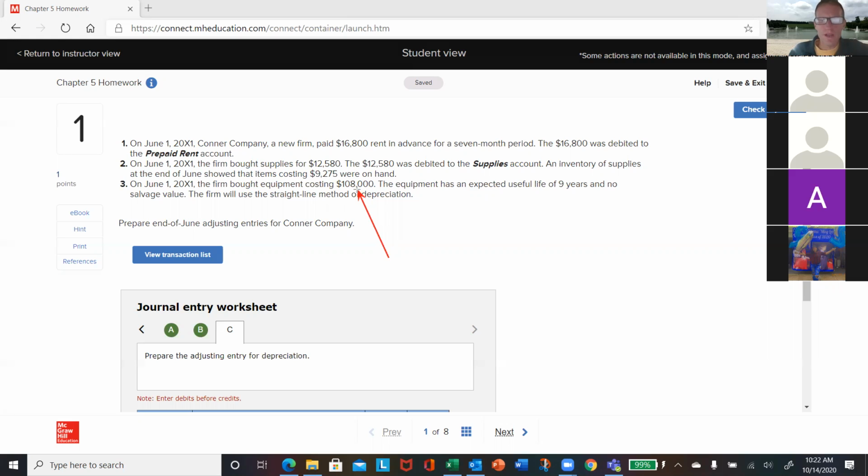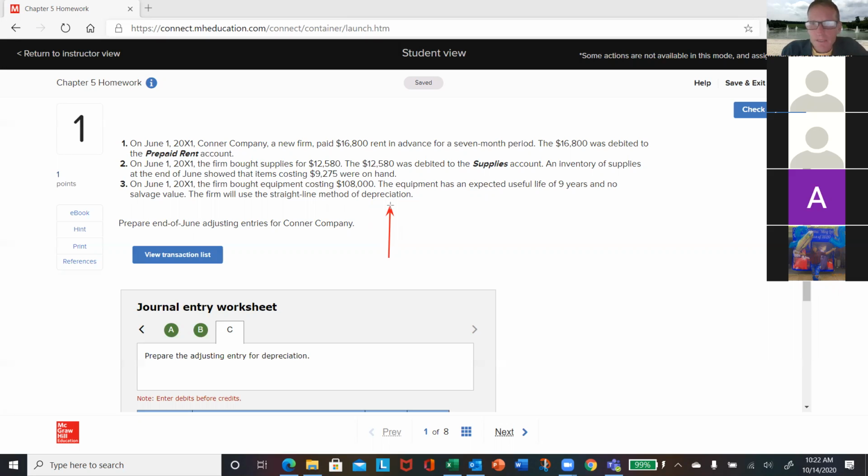So what we're going to figure out is how much of this $108,000 we're going to allocate to expense for the month of June. And in the accounting world, we call that depreciation. I believe I talked a little bit about this on Monday, and I'll mention it again. Remember, depreciation is not about value in the accounting world.